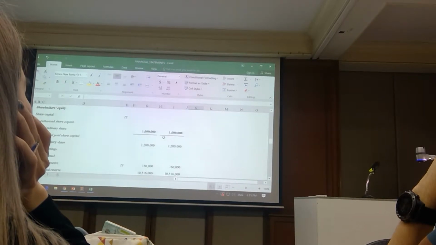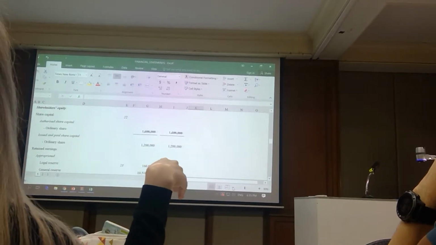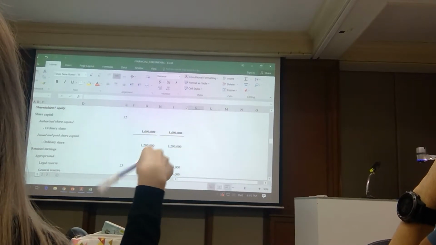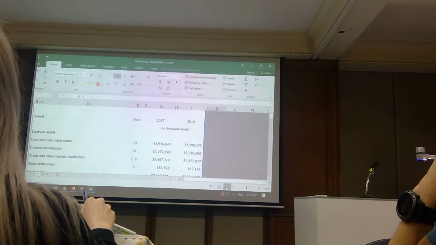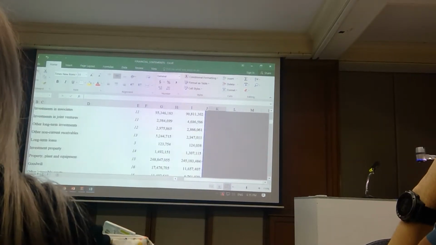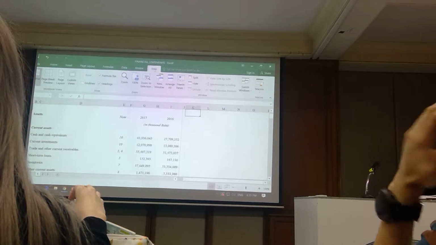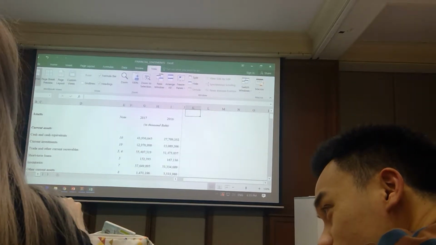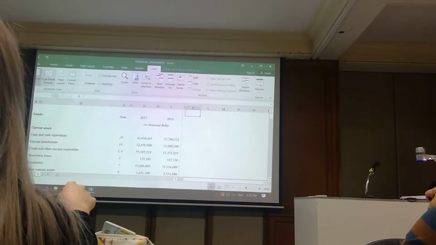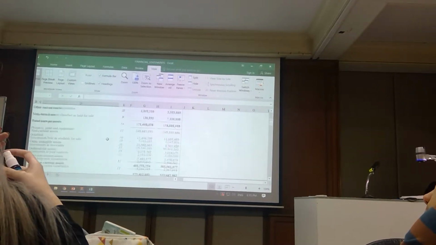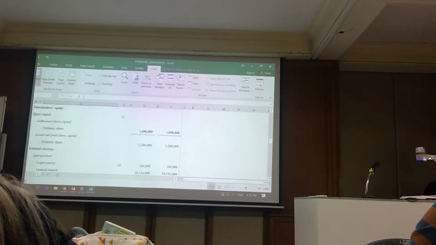But when you're looking at the components of equity, let me try to show it like this, much better. You have three parts of the equity section.